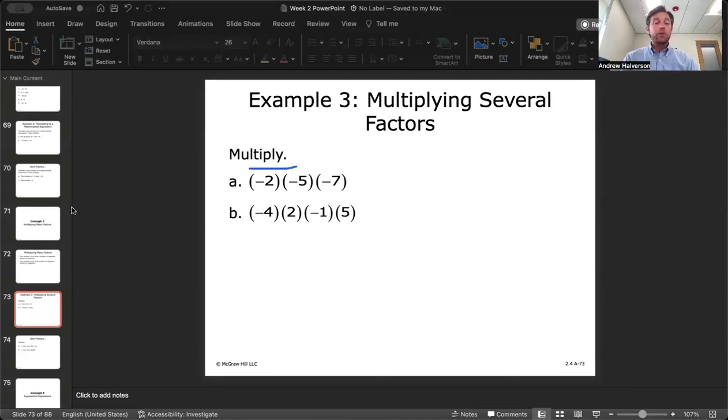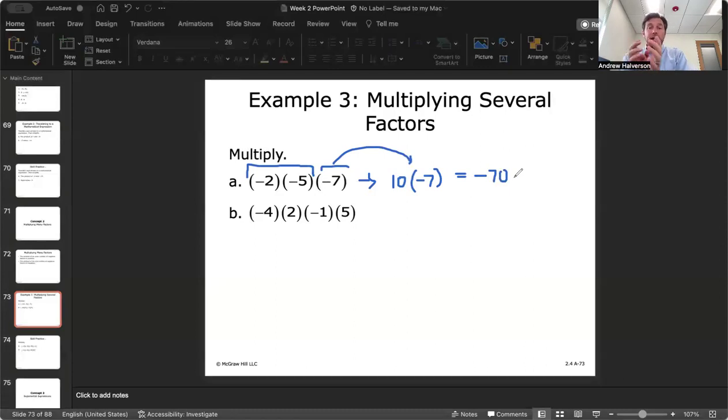Start with the first 2 numbers, negative 2 times negative 5. That becomes 10, and negative times negative is positive. Then bring over the negative 7, so it becomes 10 times negative 7, and that gives us negative 70.